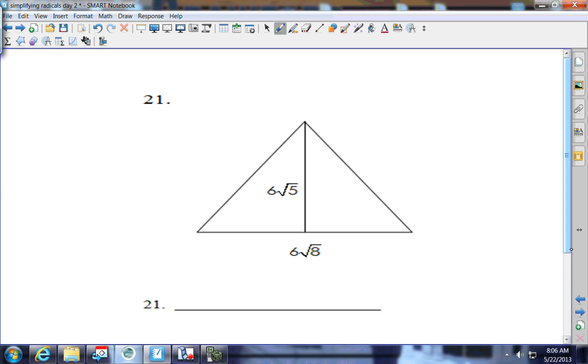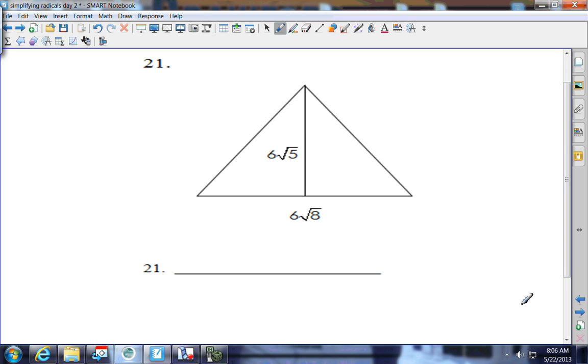Now, 21 is a triangle. What's the formula for a triangle? No, it's not a squared plus b squared. Base times height divided by 2. A squared plus b squared equals c squared. That's the Pythagorean theorem. Now, so what we're going to do, base times height, I'm going to take 6 to the square root of 5 times 6 to the square root of 8.